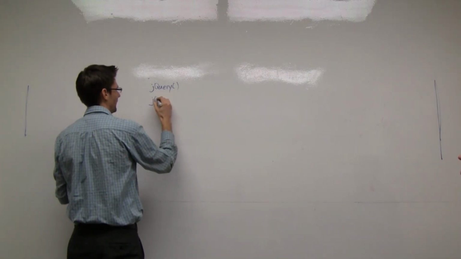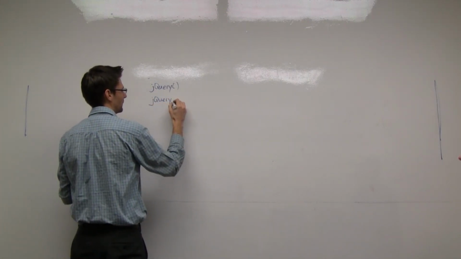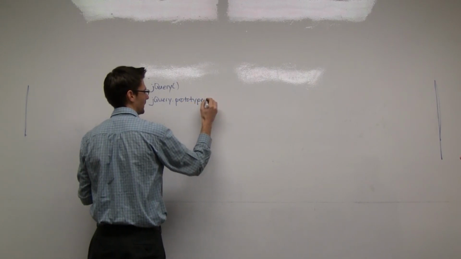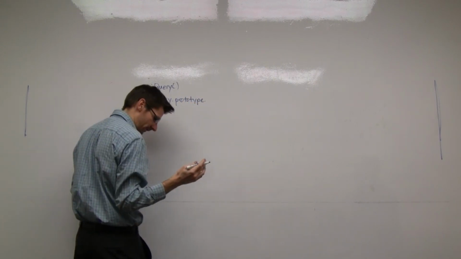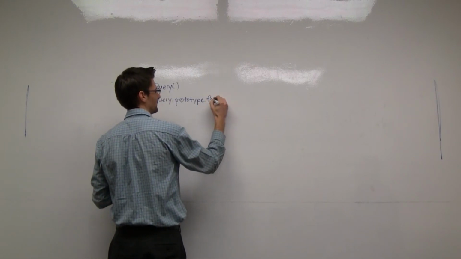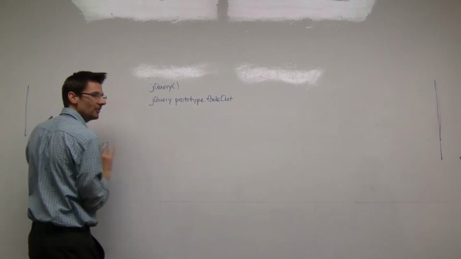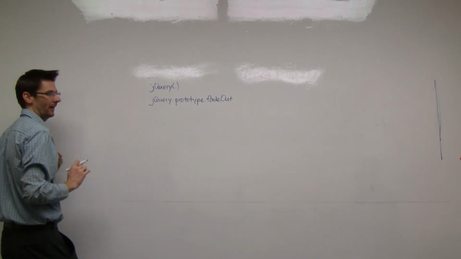So now that it's a function, I could say jQuery.prototype, and then let's see what's one that they have built in. For example, I use this one today: fadeOut. That would return you a function that jQuery has put on there.